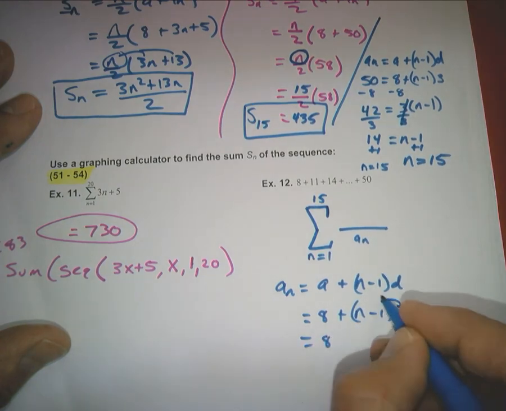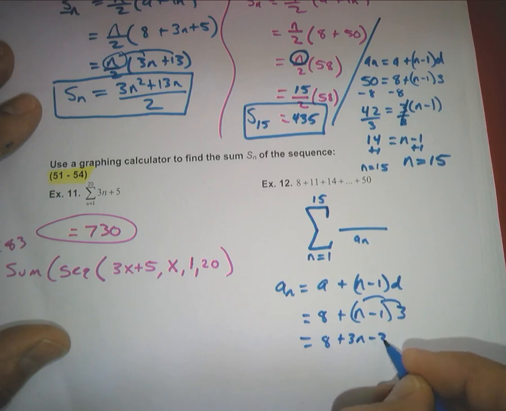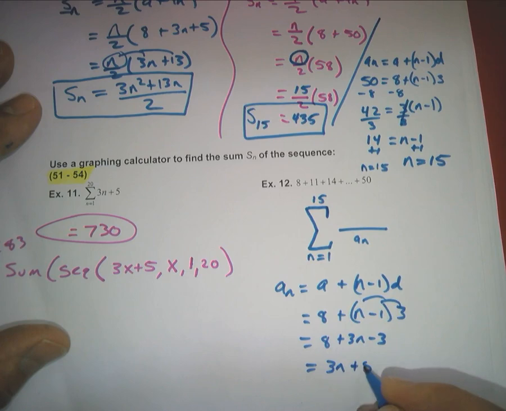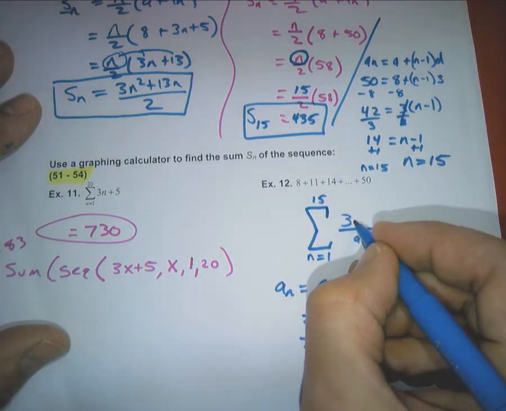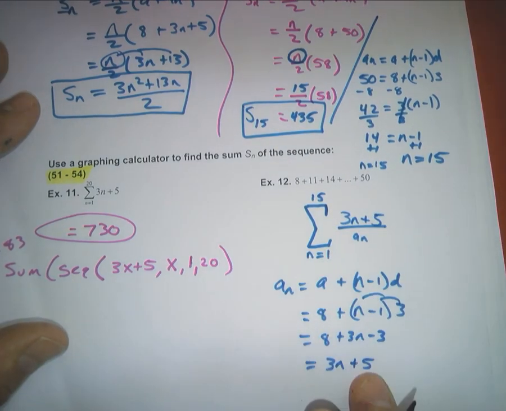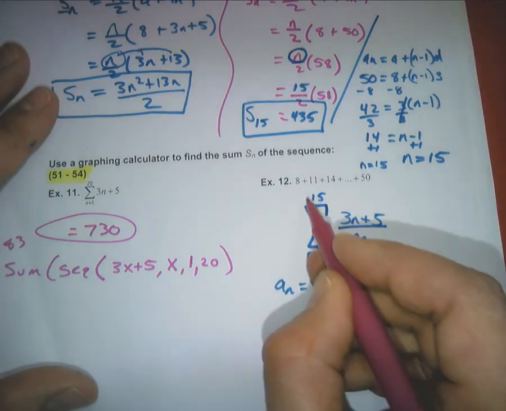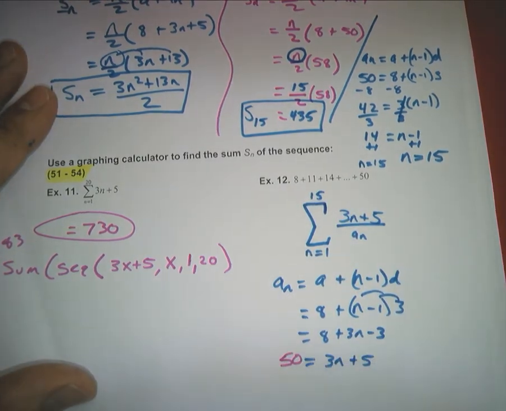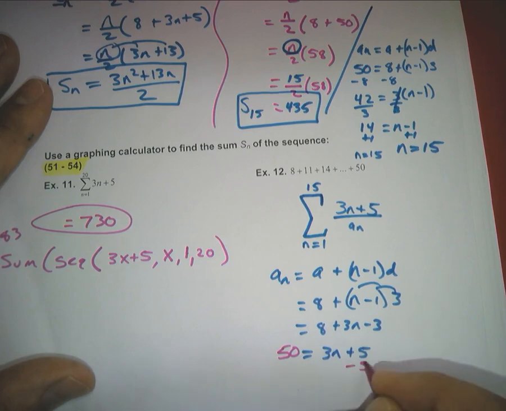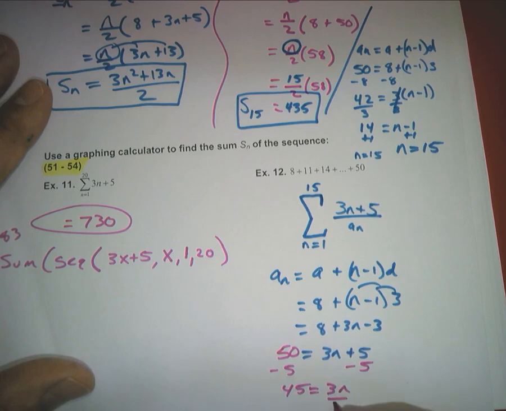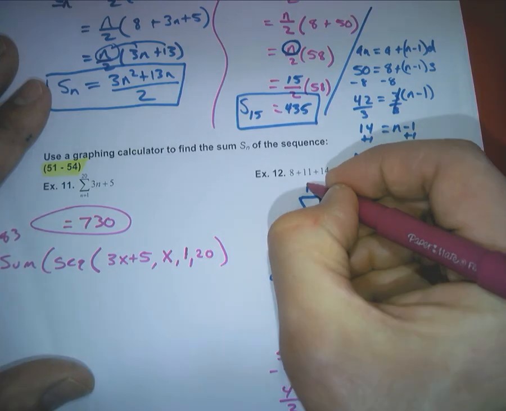So I distribute, and I simplify, and I get 3n, and then plus 5. So my sequence that I have here is 3n plus 5. Okay? And then that's where you could use that, and if you didn't already know this value, well, now I can plug in 50, and then subtract the 5, that's 45, and then divide by 3, and that's where I get 15 from. So now I know that's 15.